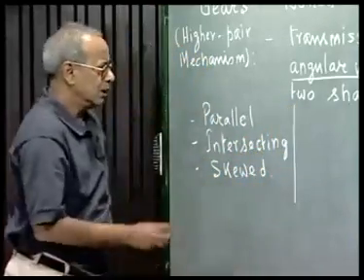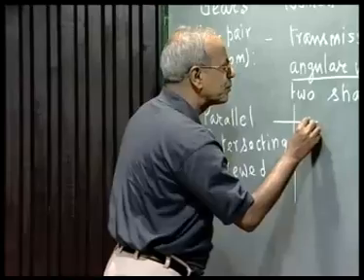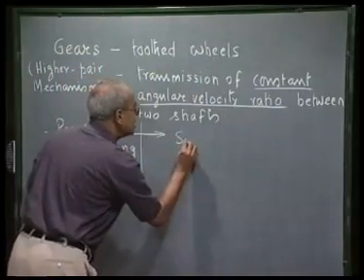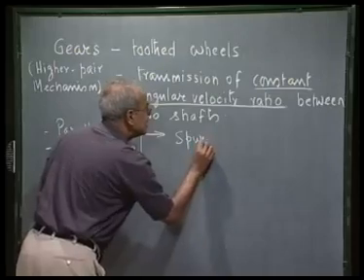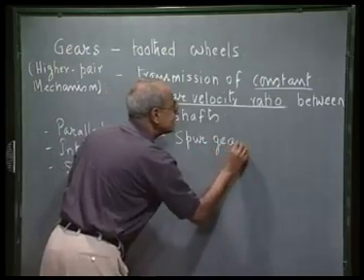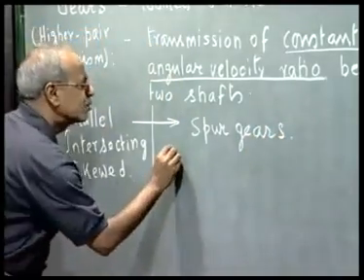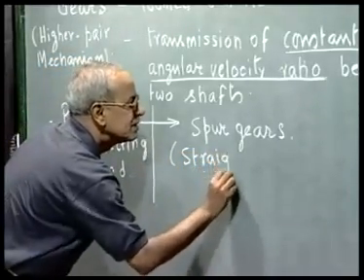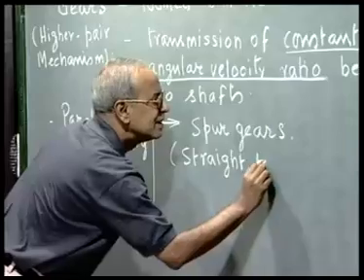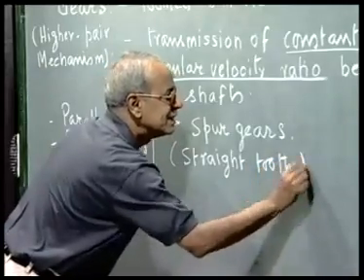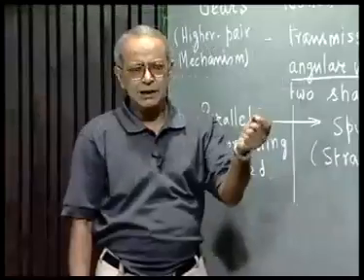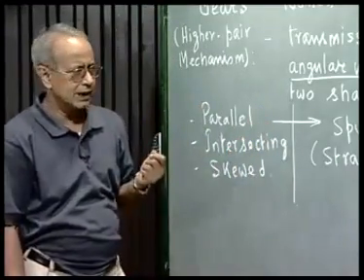To start with, we take a very simple type of gear to connect two parallel shafts, which are called spur gears, and that too with straight teeth. That means the teeth on these wheels are parallel to the axis of the shaft.